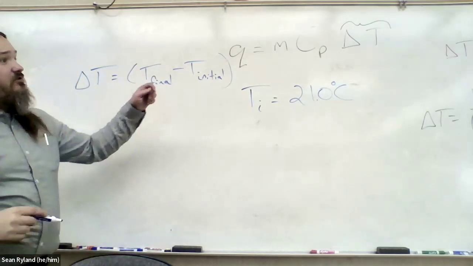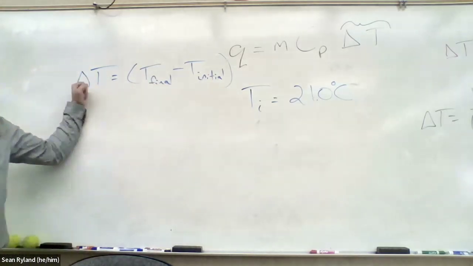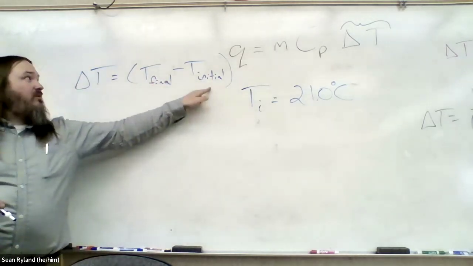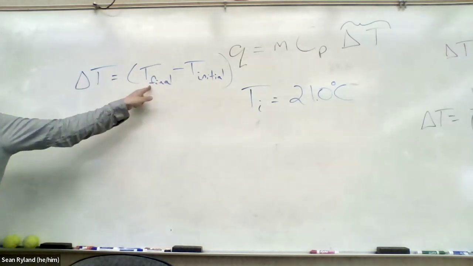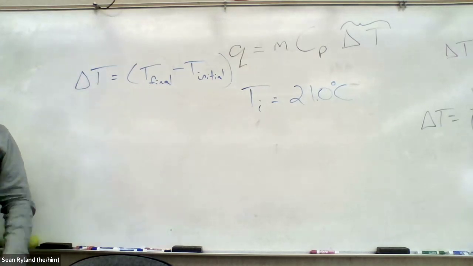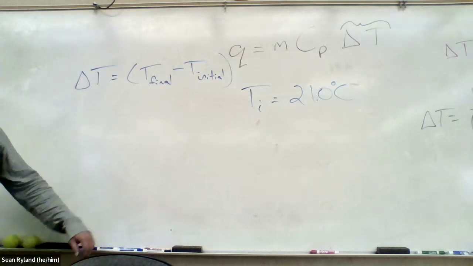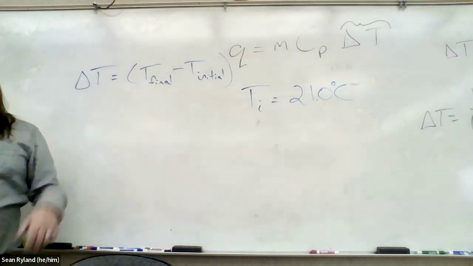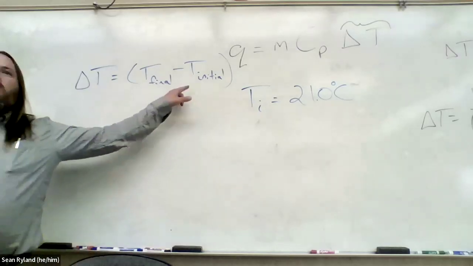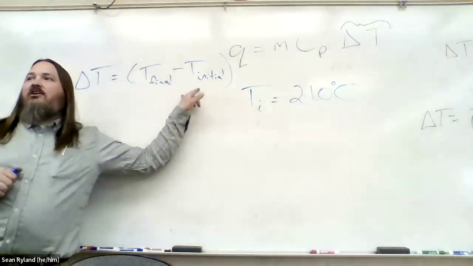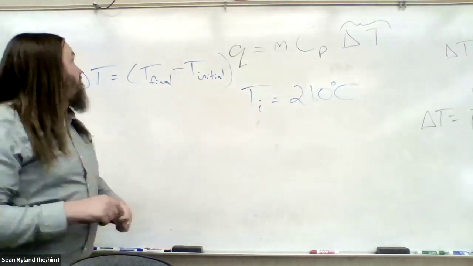So if you actually wanted to do this algebraically, we found delta T. If you plug in 21 Celsius there, solve for T final. It's kind of like those conversions where it's more trouble than it's worth to actually show it algebraically because you already know what to do, like feet to inches. But sometimes it gets tricky. Are you supposed to add or subtract? So this is your way of showing your work, keeping track of your negative signs, etc.